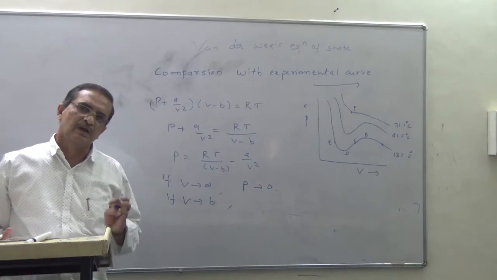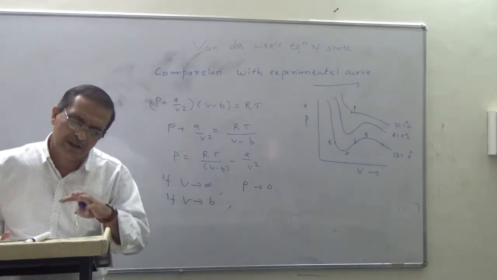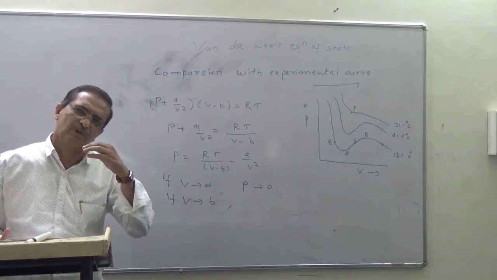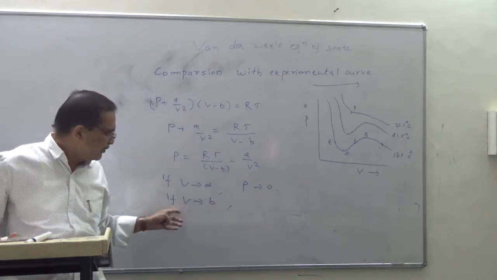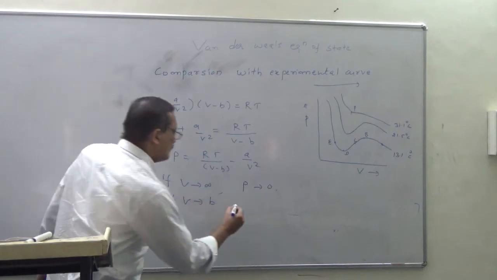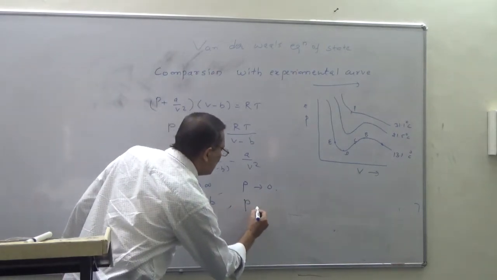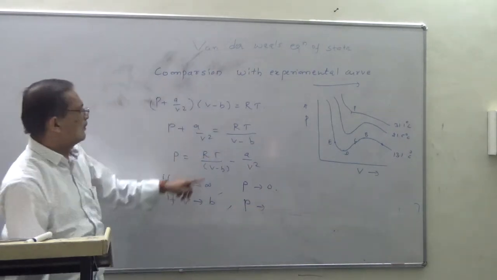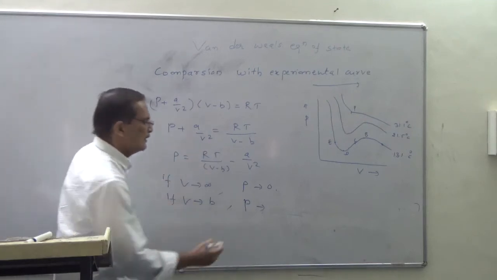If V and b are equal, naturally the available volume becomes 0, and the pressure becomes 1 by 0, that is infinite.